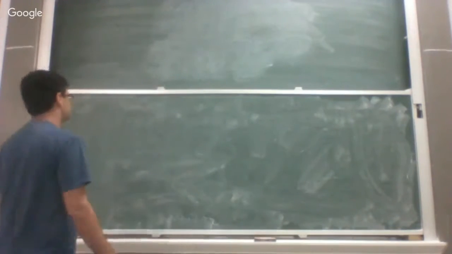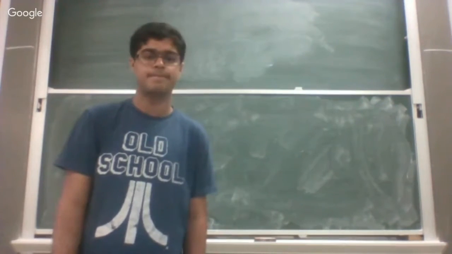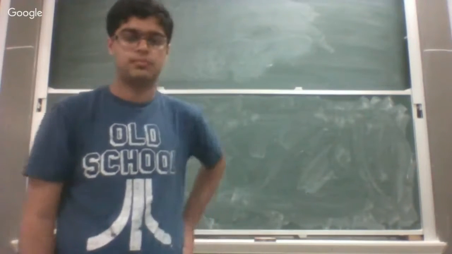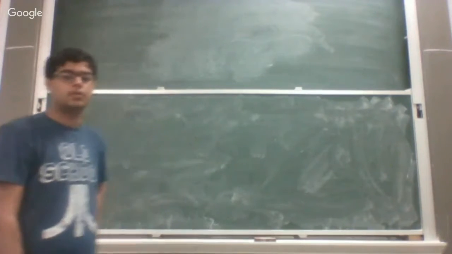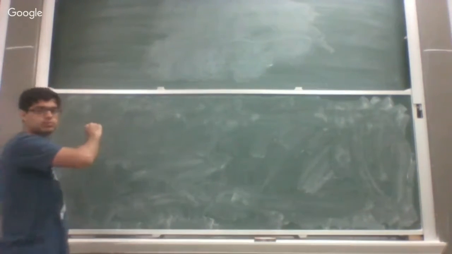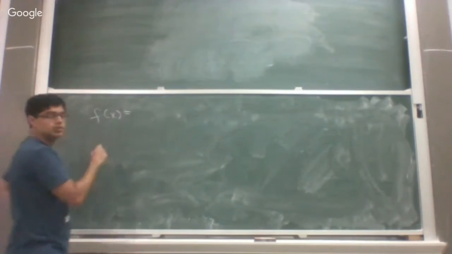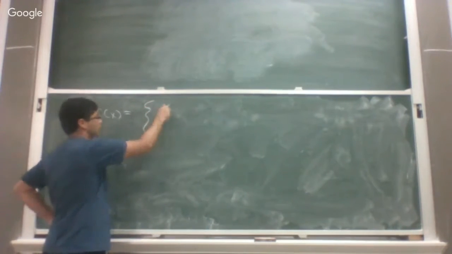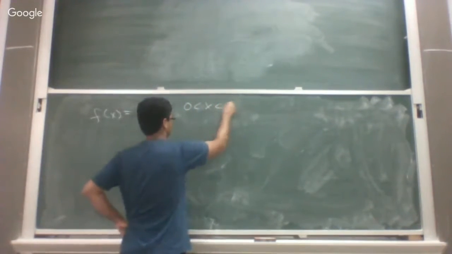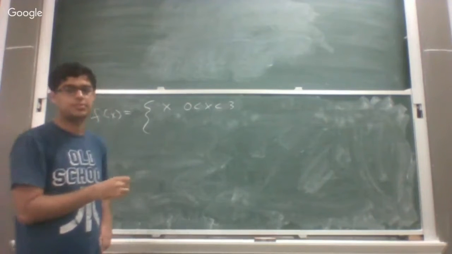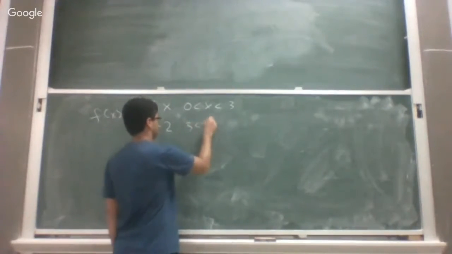So we have f of x. f of x is equal to x from 0 to 3 and negative 2 from 3 to 6.